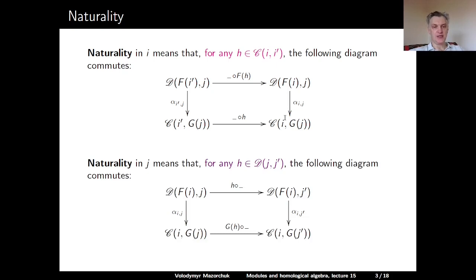Similarly, naturality in J means that for any h, a morphism in D from J to J', the following diagram should commute.